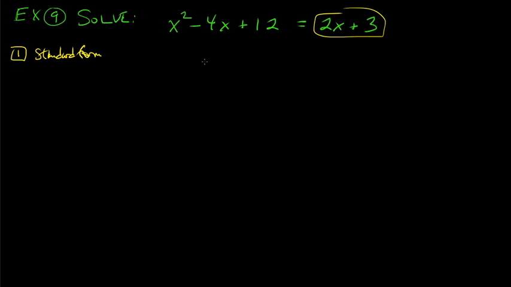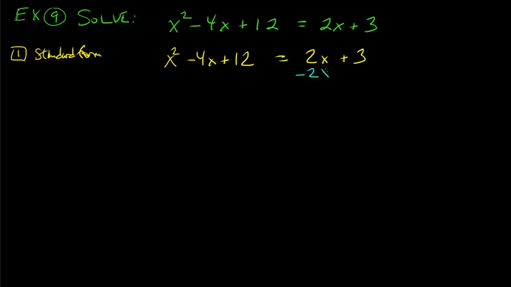It equals 2x plus 3. So the first thing we should do is the opposite of adding 2x. We're going to subtract 2x from both sides. And while we're at it, we can also subtract the 3 from both sides.